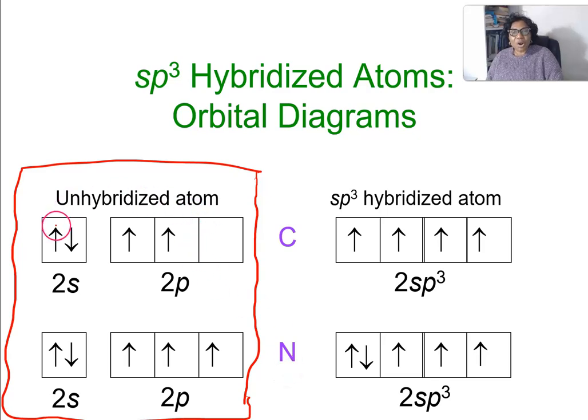It mixes all of these because it wants to form sp3, and comes up with hybridized orbitals which have the same energy. Nitrogen does the same. Nitrogen mixes all these 4, 1, 2, 3, 4, and comes up with new hybrid orbitals. See, they are now the same energy, sp3. Then it uses them to bond with carbon. Let's see how it does it.